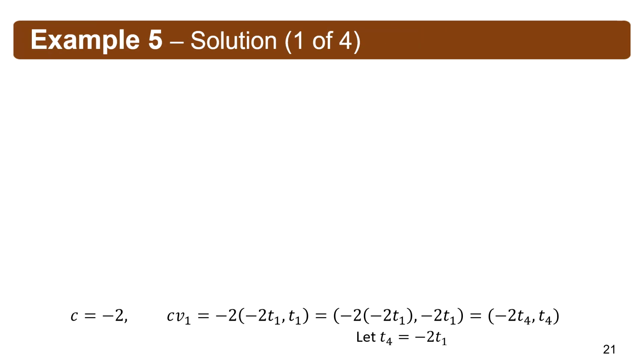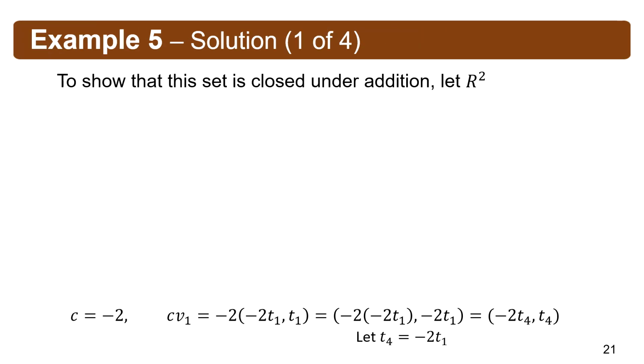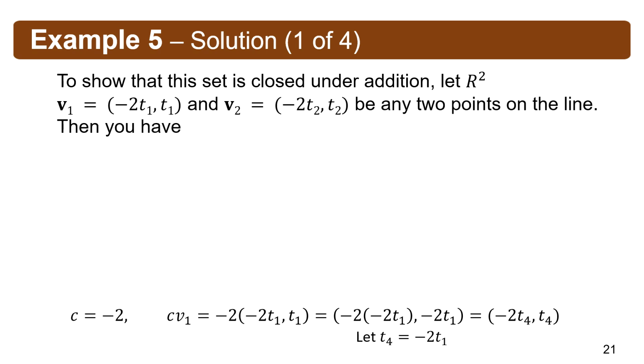Now, to show that this is closed under addition, let us create two vectors, v sub 1 and v sub 2, with parameters t sub 1 and t sub 2.